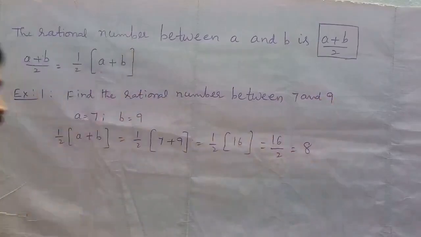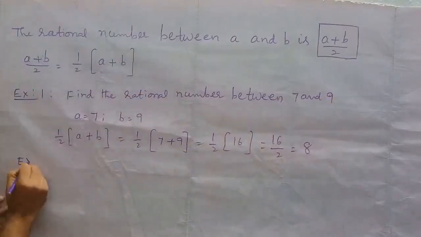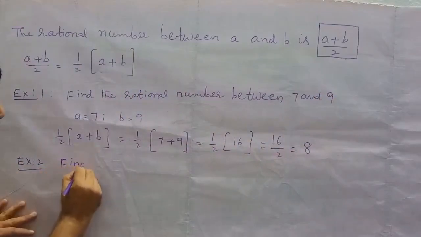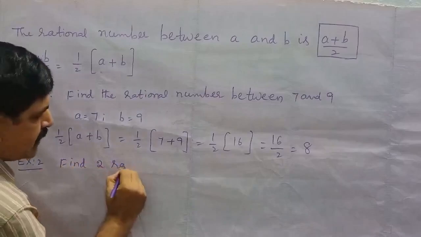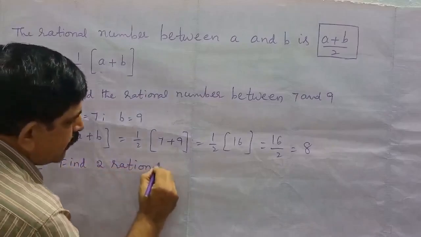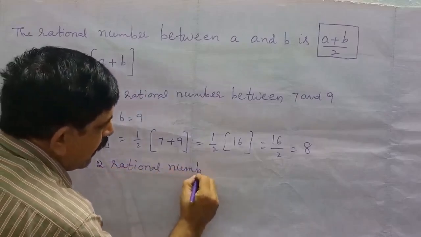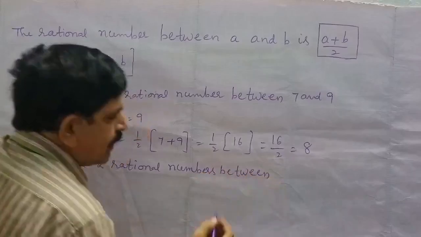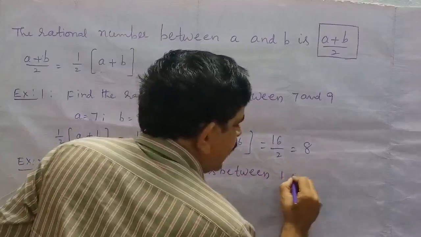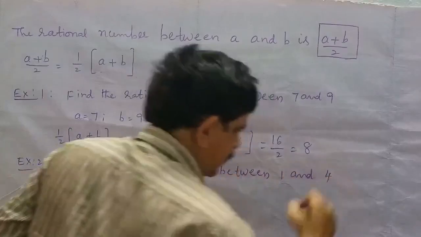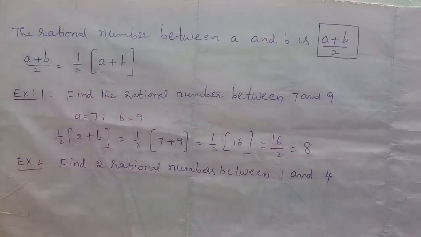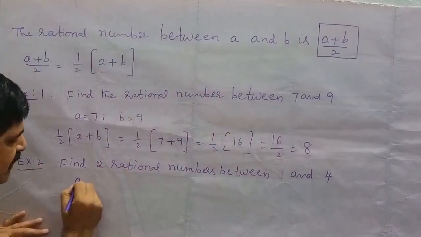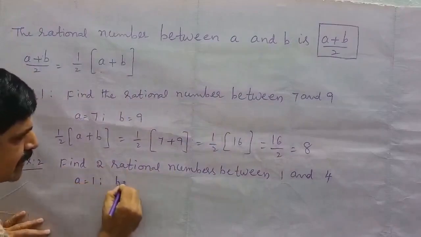Second example, find two rational numbers between 1 and 4. Here the first number A is equal to 1, B is equal to 4.